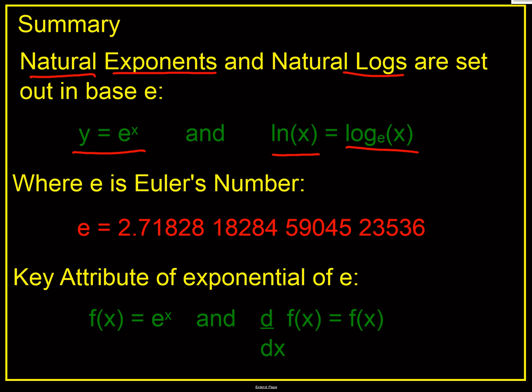The value of e that we're using here is Euler's number, and it's this really long irrational number, 2.71828, etc. The most important thing about all of this mathematically is that if we take the function e to the x and we differentiate it, we get the same function, e to the x, and we're going to use that in solving lots of differential equations. So there we are. I hope that's of use.